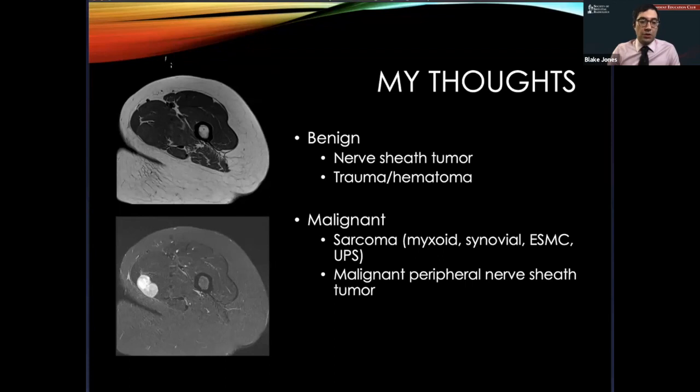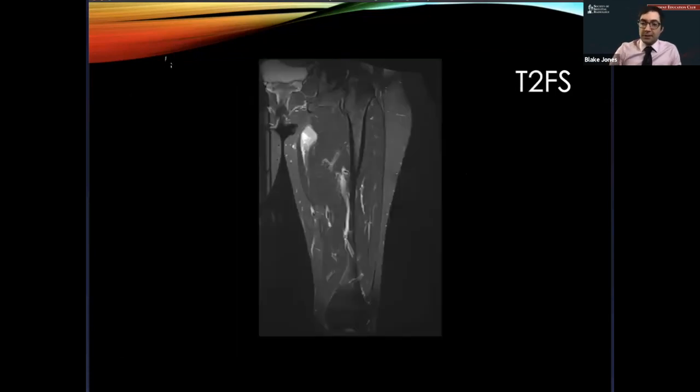One thing could be some old hematoma, trauma type of thing, although maybe the signal isn't the best for that, but certainly always something to consider when you see something focal in the muscle and the soft tissues. Clearly sarcoma, T2 hyperintense ones like myxoid, synovial sarcoma, extraskeletal myxoid chondrosarcoma, or a malignant peripheral nerve sheath tumor.